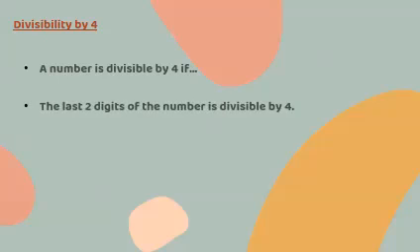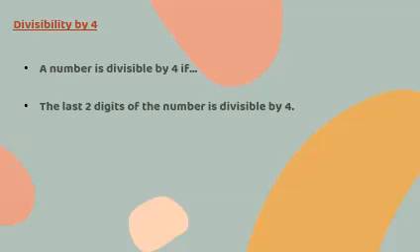And here we go for the divisibility by 4. For the divisibility by 4, you are not going to check the ones digit, or find the sum of the digits. What you have to do is check the ones and the tens together. So you need to look at the last two digits of the number.